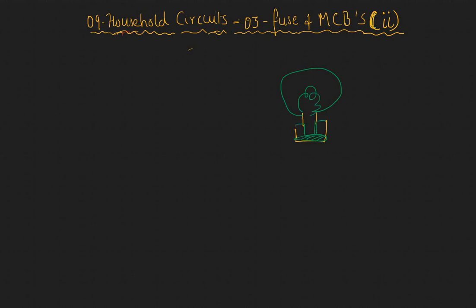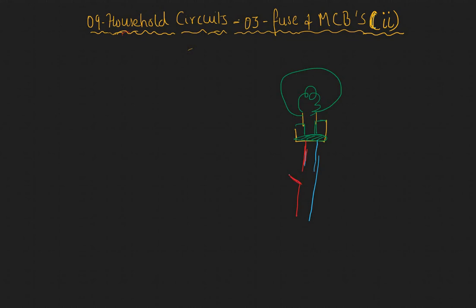Until, let's say this here is a live, and this is your neutral, right? So let's say your warden or somebody comes and unknowingly switches on this switch, right? They switch on this switch.